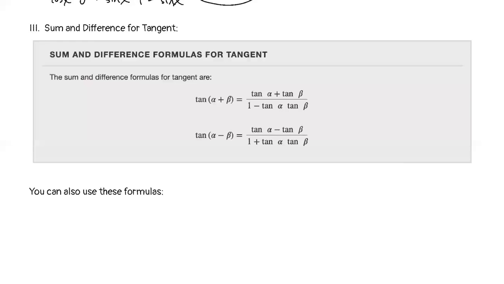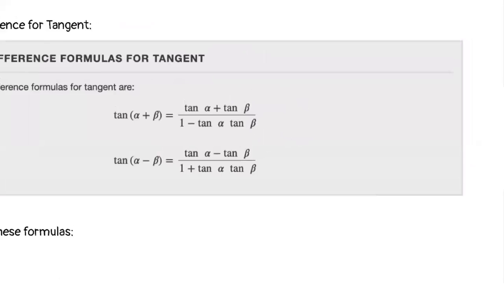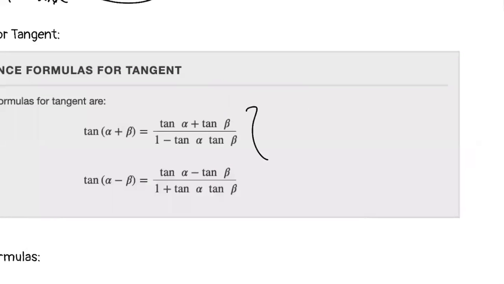So tangent of alpha plus beta equals tangent alpha plus tangent beta over 1 minus tangent alpha tangent beta. And then the second one, the signs are all different, okay? And so we can take a look at these two equations and write them as a single equation using that plus minus or the minus plus, just like we did the other one, okay?